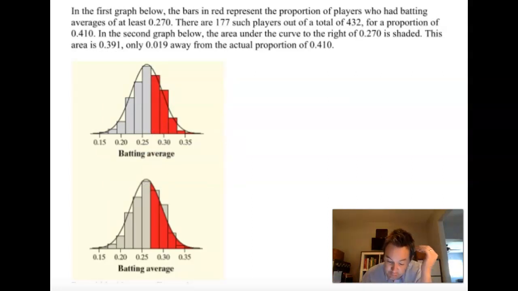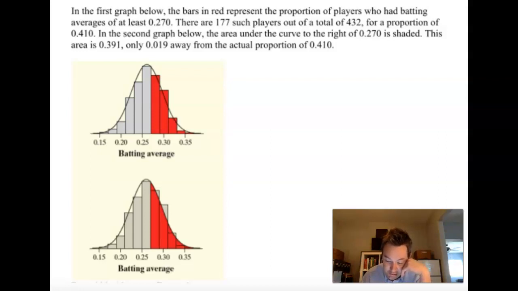In the first graph below, the bars in red represent the proportion of players who had batting averages of at least 270. So that red shaded area is 270 or above. And there are 177 such players out of 432 for a proportion of 0.410. So that's 41%.